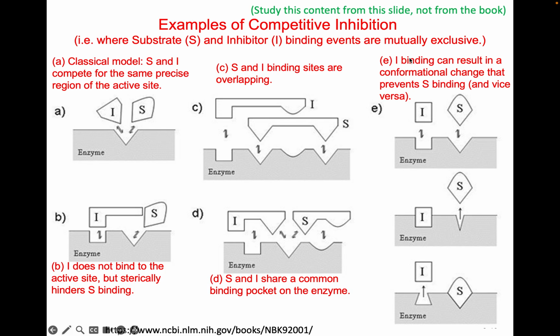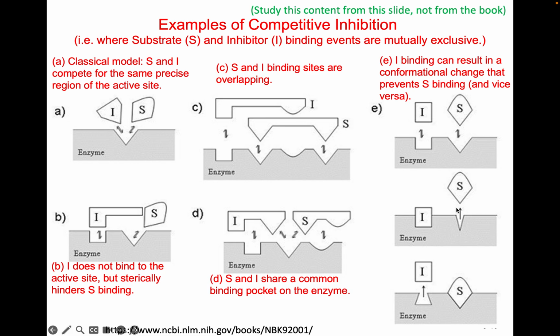E is that the inhibitor binding can result in a conformational change that prevents S from binding. So when the inhibitor actually binds, as you can see, it changes the active site. So this becomes much, much smaller, and this conformational change doesn't allow the substrate to bind anymore. So the substrate has to leave.